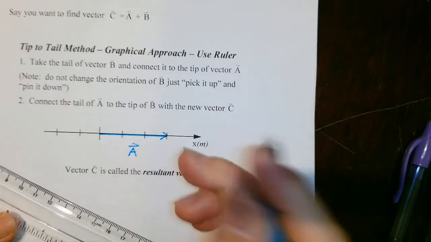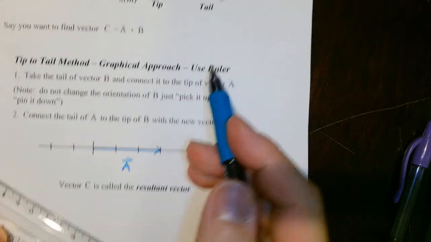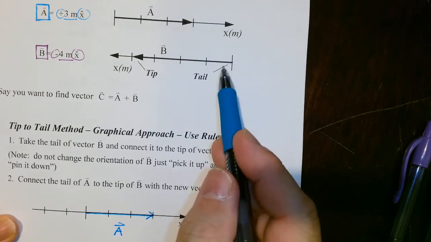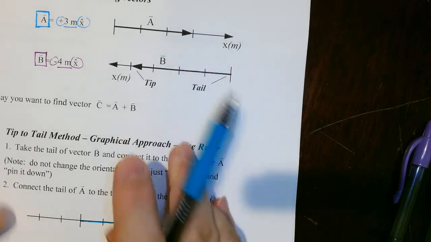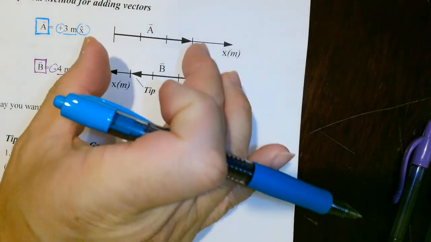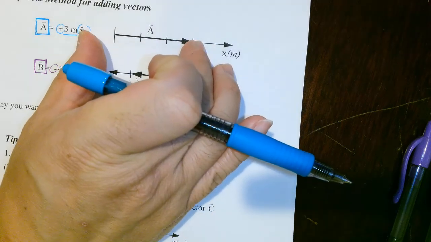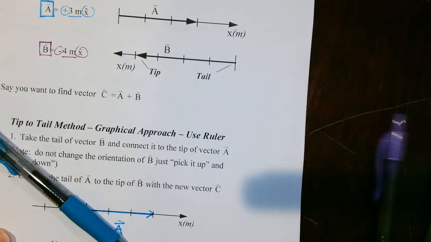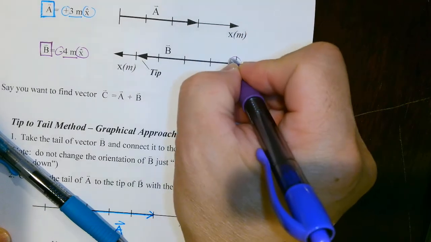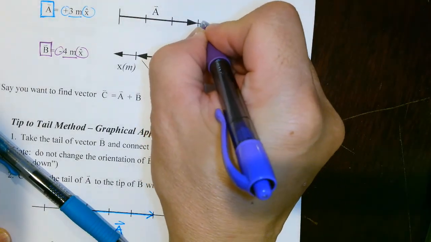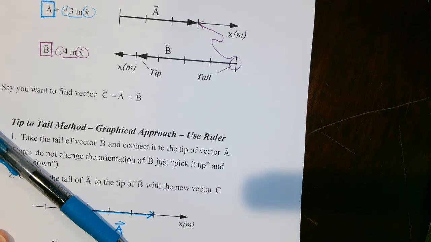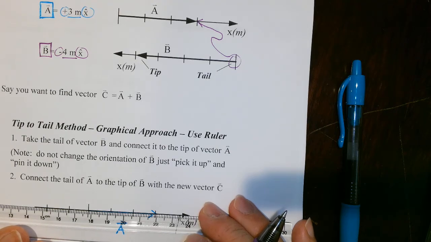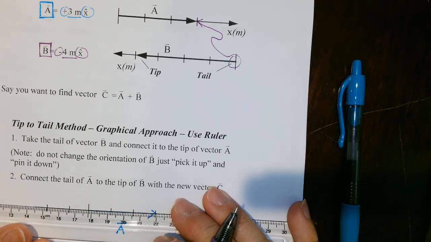Then I place the tail of B to the head of my A. So if I pluck out the B and then place the tail to the head of my A and draw it out, it's going to look something like this.